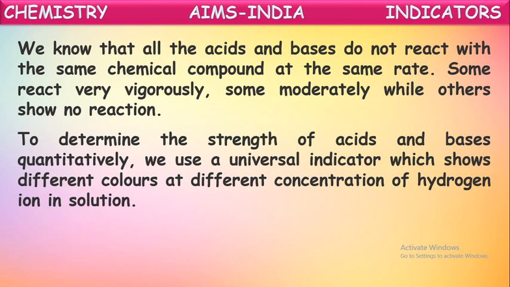It will show different colors with the acids, different colors with the bases, and even with the neutral solutions also it shows different colors. So by using this we can identify the strength of an acid and base. Even with the different acids it will show different colors. Based upon the strength of the acid, the color shown by universal indicator varies.